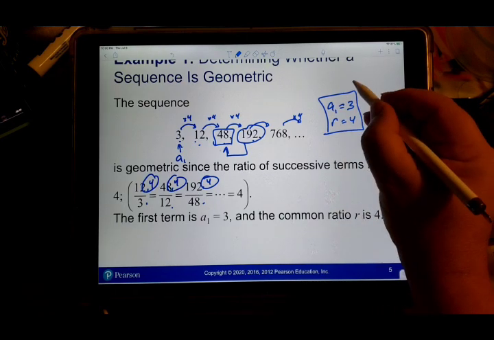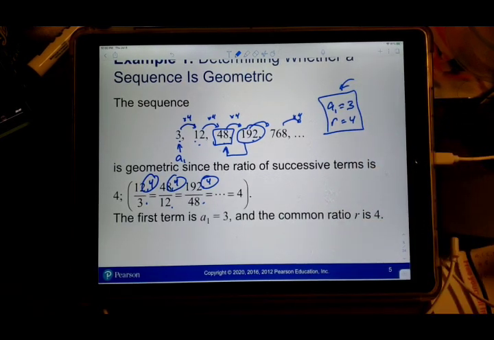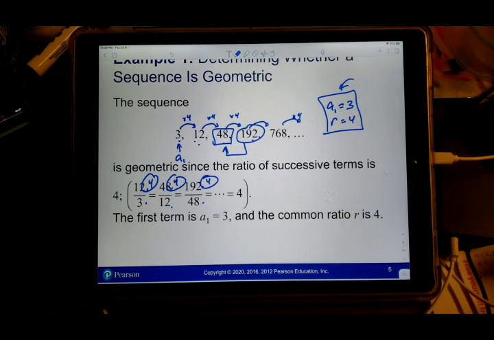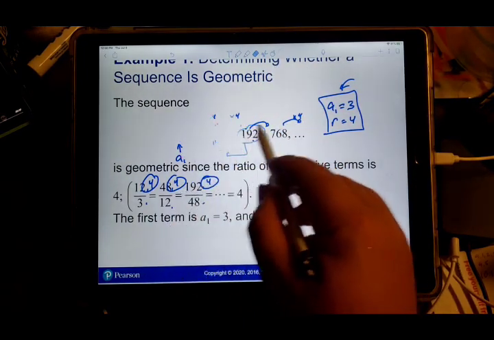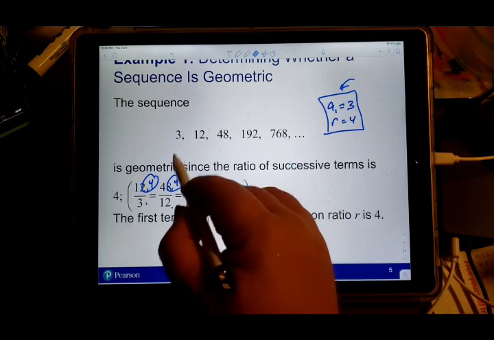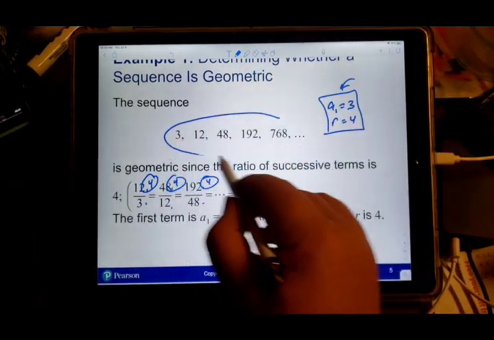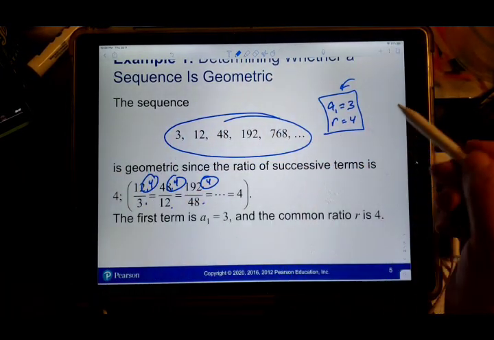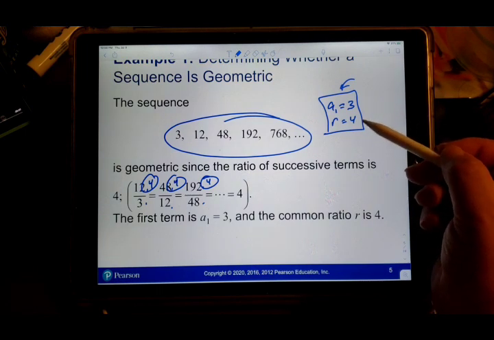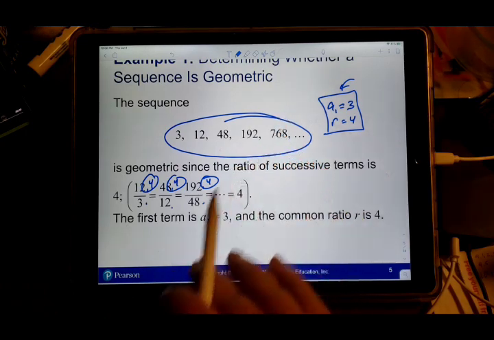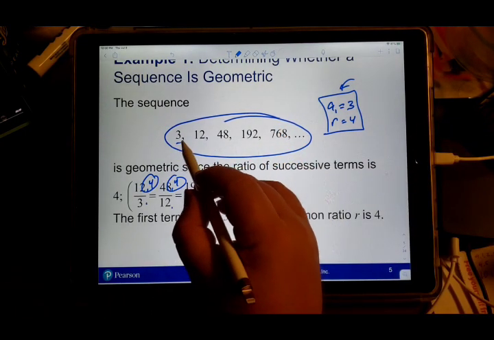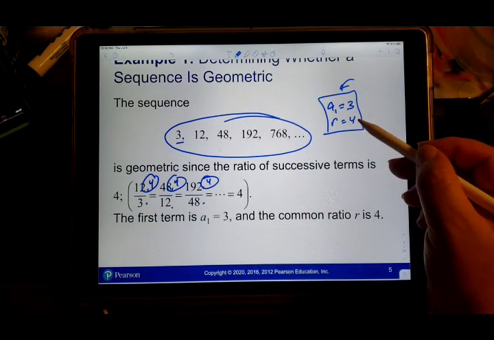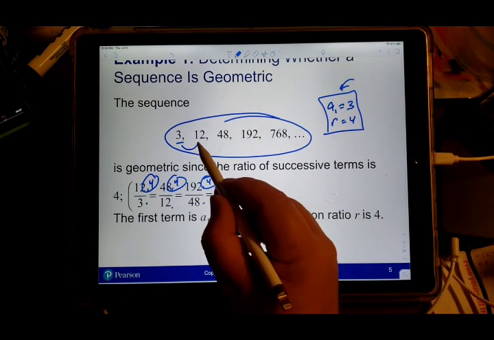This, in mathematical terms, is a perfect description of this sequence. In fact, it's a better description than just giving you the numbers. This is a list of numbers, but this is a way of generating not just this list, but any list as long as you want, because we know that we'd start with 3 and we'd multiply by 4 to get to the next term.